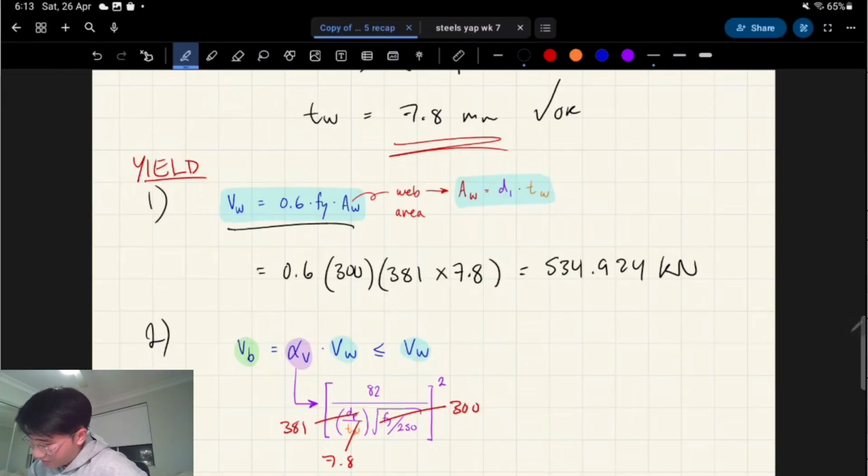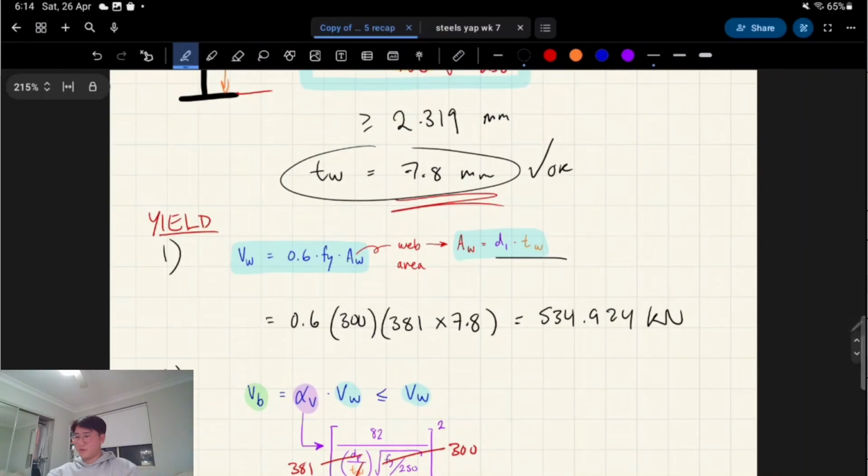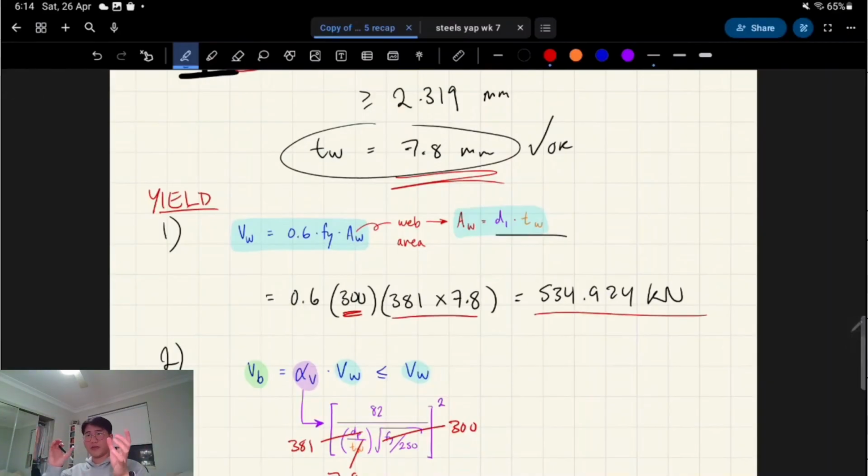It has this formula where Aw is made up of d1 times tw. So we found tw on OneSteel, and we found d1, right? And we knew fy, you can look on OneSteel, but we found that from even our flexure part, right? So 300 MPa. Plug in the other numbers, here's what we get in terms of kilonewtons. You're going to get newtons first, you're going to divide it by 1,000, you get kilonewtons, right?